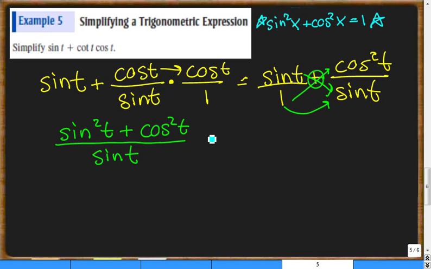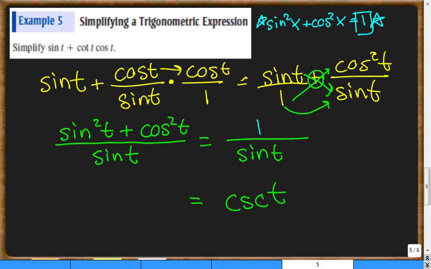And what am I going to replace it with? The number 1. So the whole numerator just becomes a 1. The denominator stays a sine of t. Well, I know 1 over sine of t is the cosecant of t. So this is the simplified version of this entire expression.